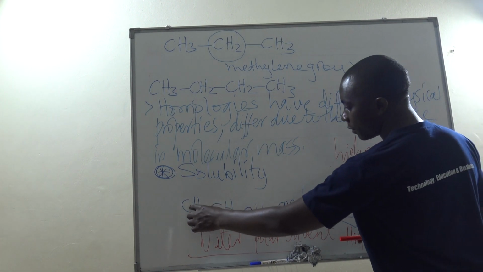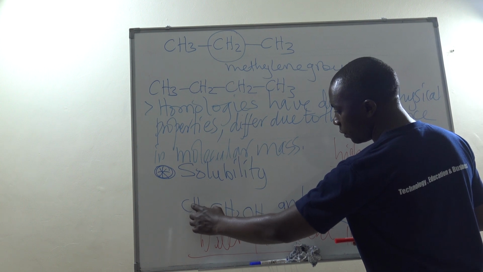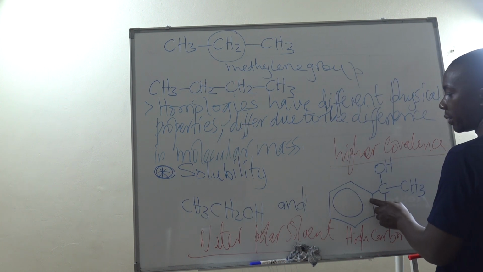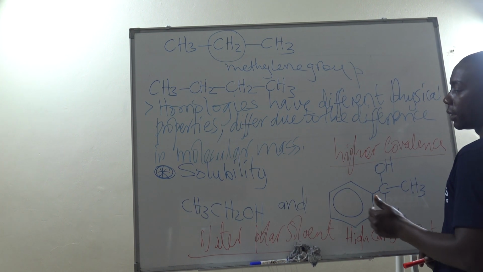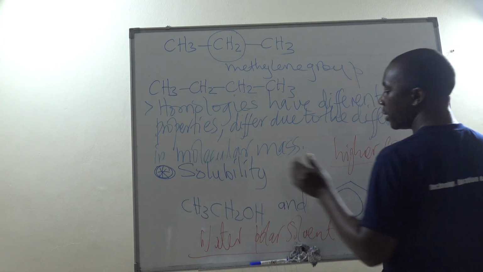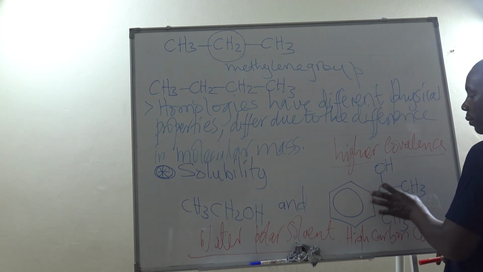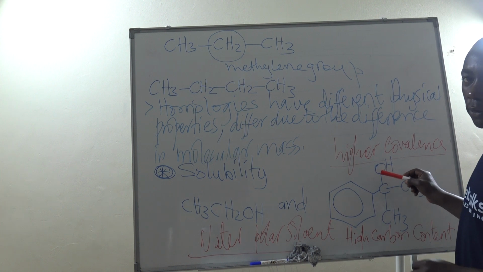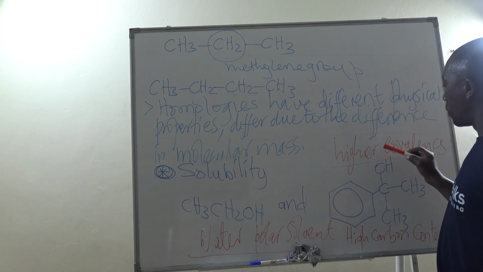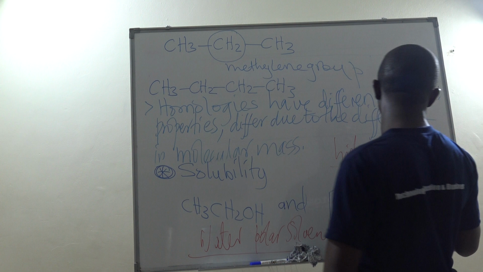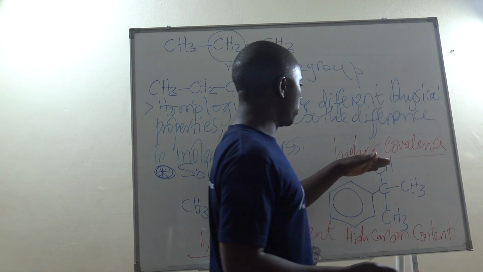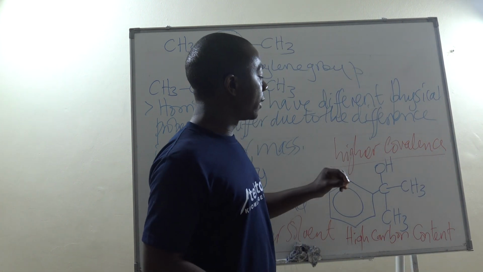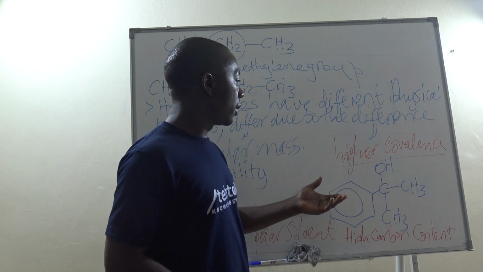But this one, being a very small compound, has a low degree of covalence compared to the covalence which is here. In other words, covalence outcompetes the polarity. The compound is supposed to be polar because it has a polar functional group, but because of the high carbon content, which increases considerably the magnitude of covalence, the covalence is able to outcompete the polarity.